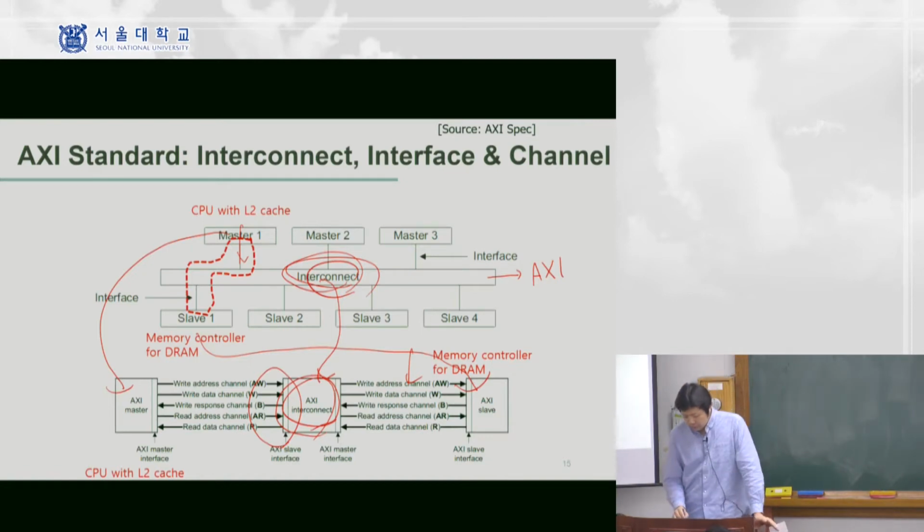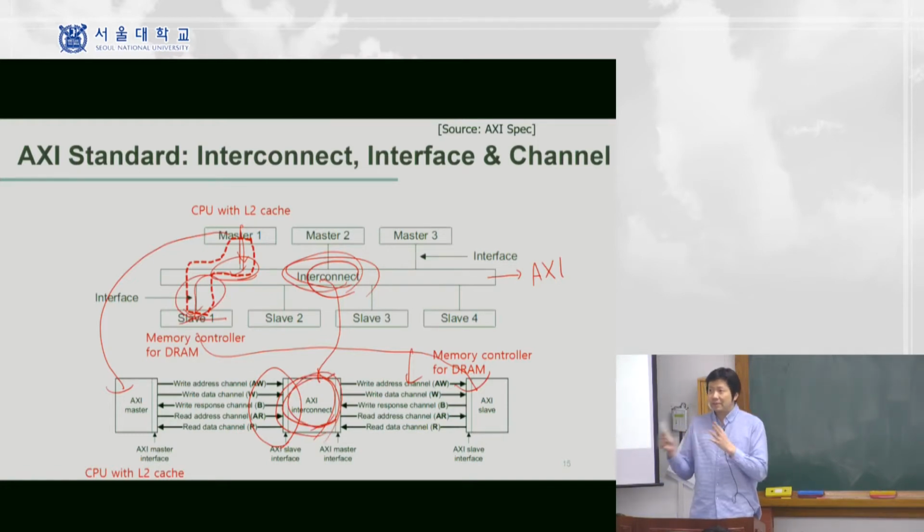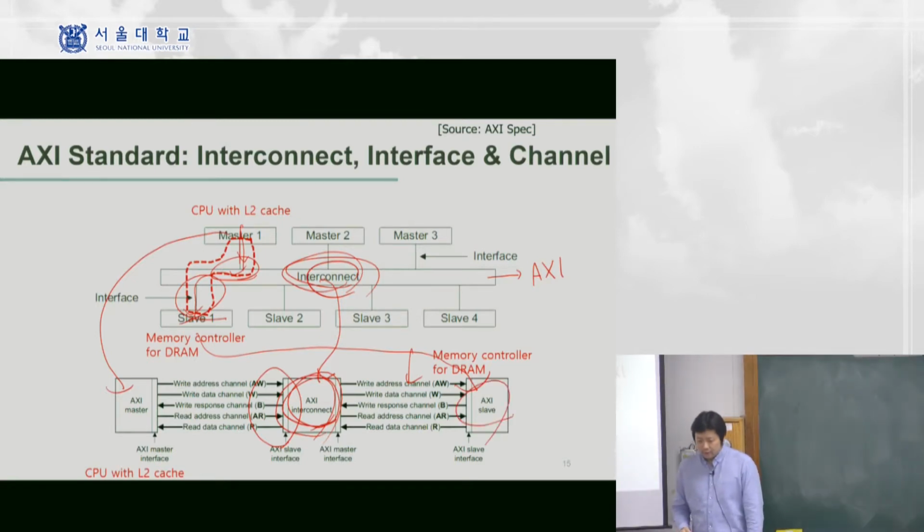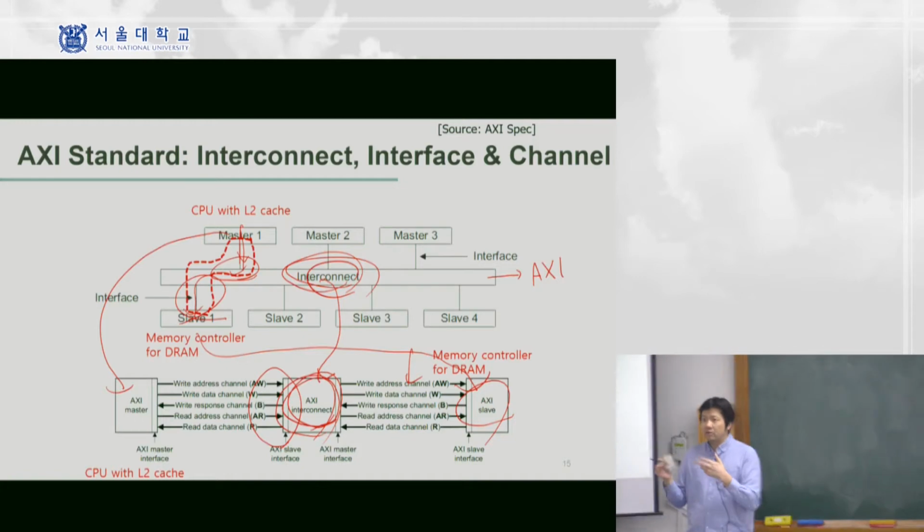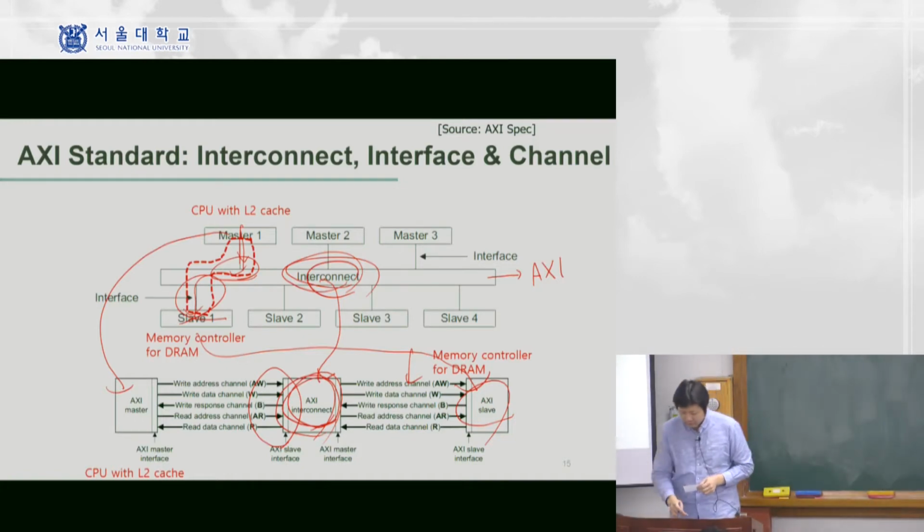It received the request from the master and buffered it, and then forwarded this request to the slave. From this side, the AXI interconnect serves as a bus master, because it's sending, and this one becomes the slave. Depending on the configuration, any pair of master and slave can communicate with each other. That's the idea of having this central interconnect or bus.